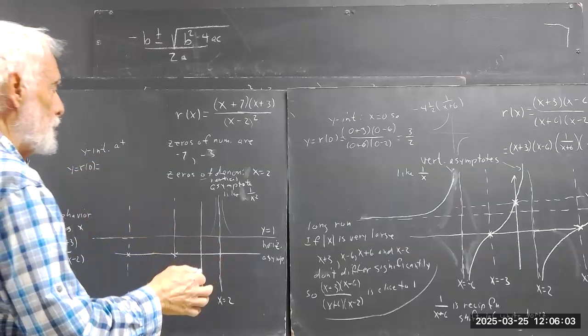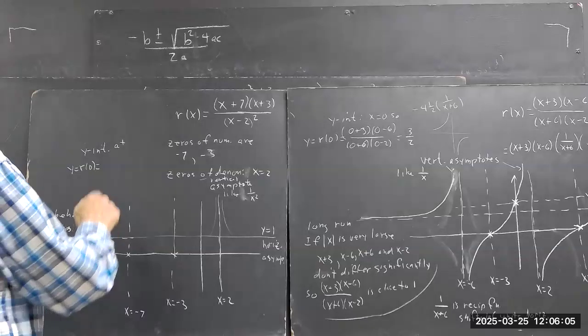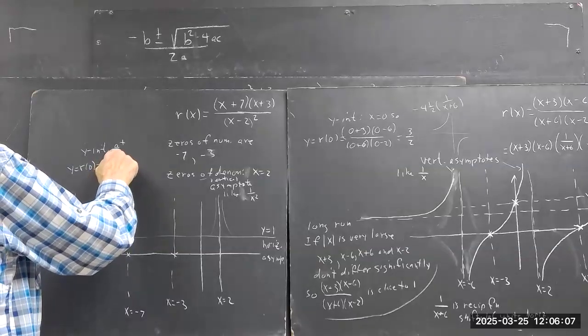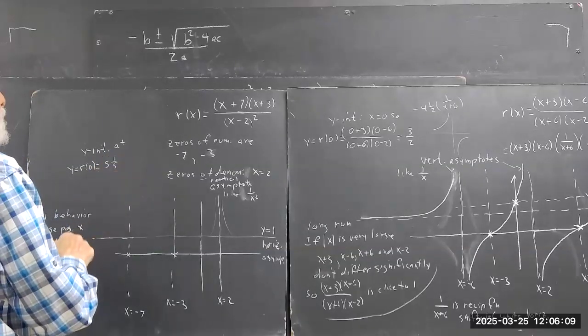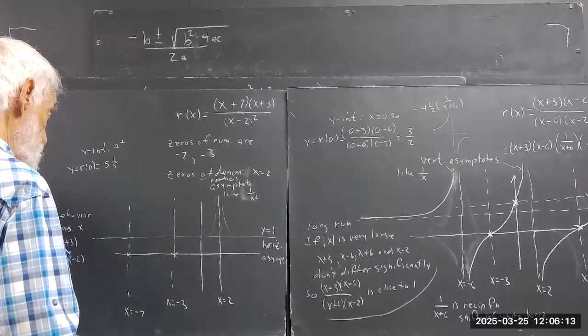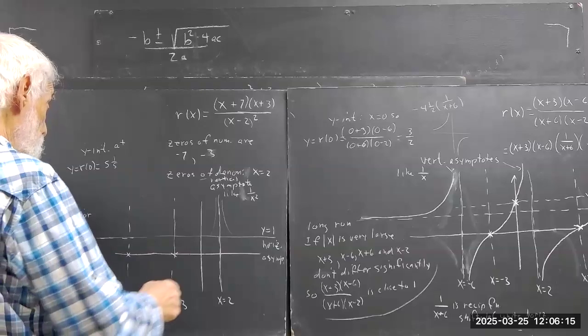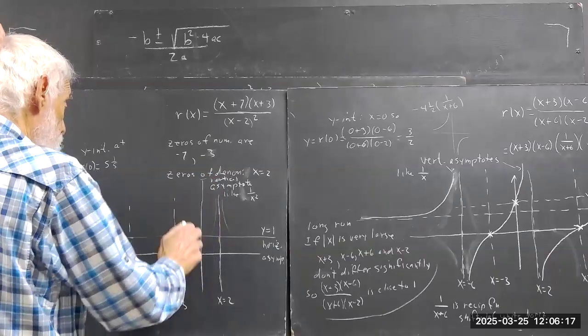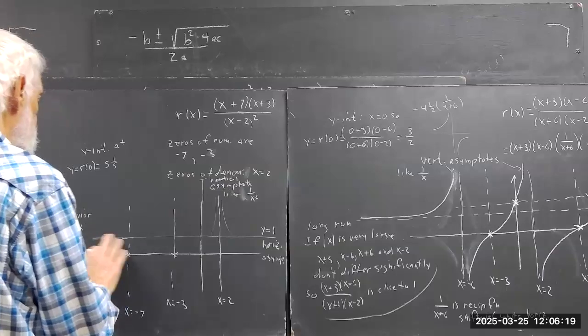You get r of 0, which is 5 1/5, a little over 5. So that means my y-intercept has to be quite a bit higher than I left myself room for.